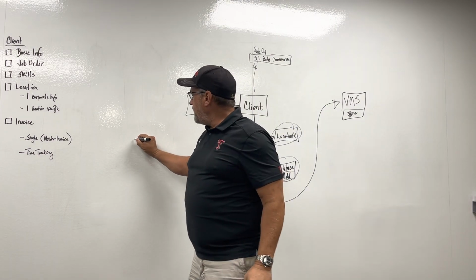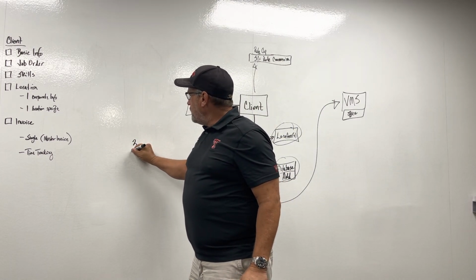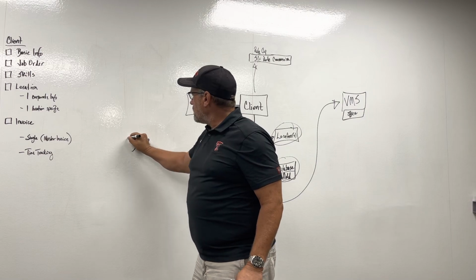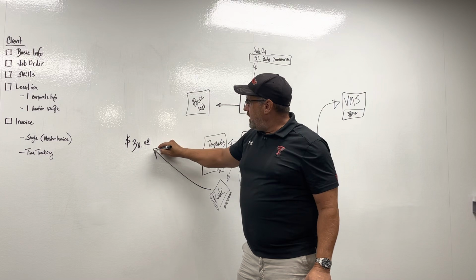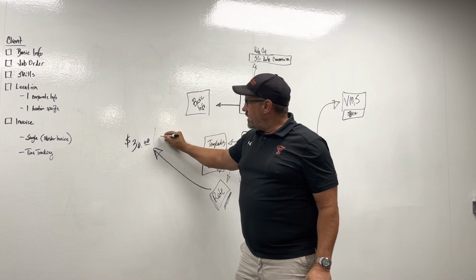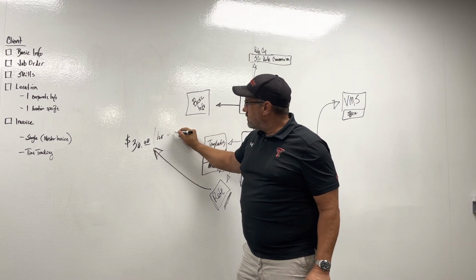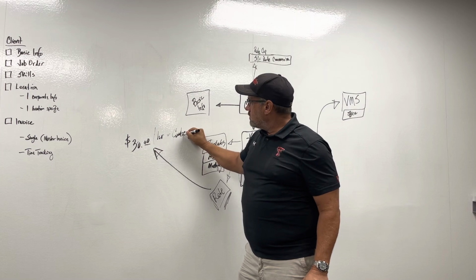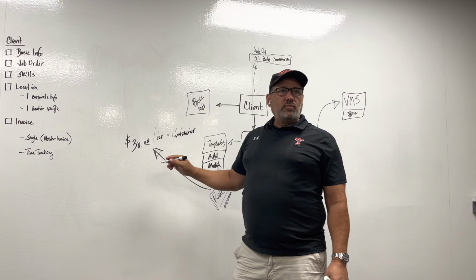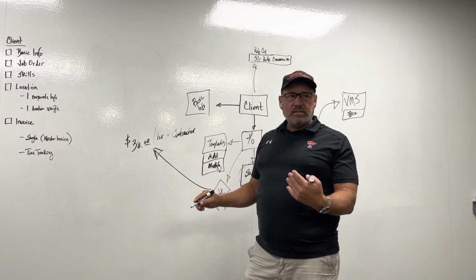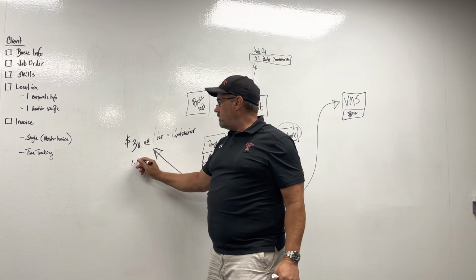If somebody's going to be paid $30 an hour, and this is the rate for the contractor, it's going to have an automatic conversion of, let's say in this example, 1.5.